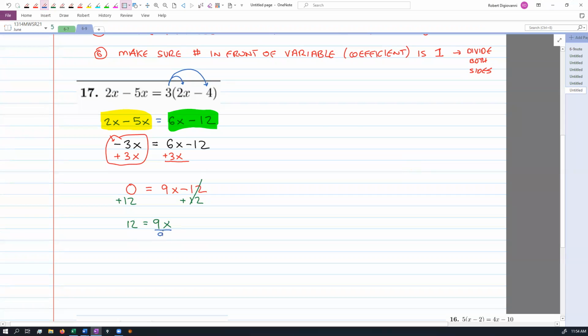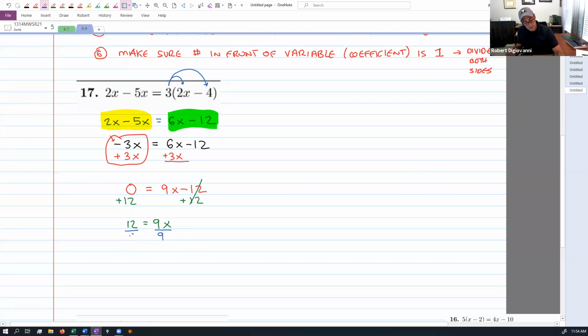Okay, and that's because 9 divided by 9 would give you 1. So cancel that out, you just get 1x equals 12 over 9, and that's a fraction that can reduce, right? 3 goes into both of those: 4/3. 3 goes into 9 3 times, 3 goes into 12 4 times. So our answer is 4/3.